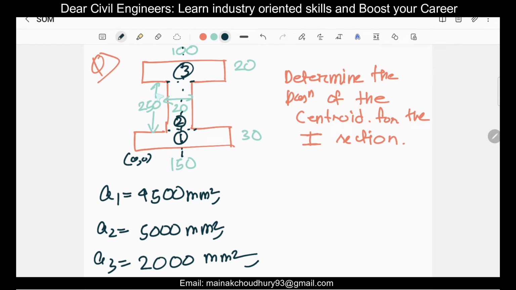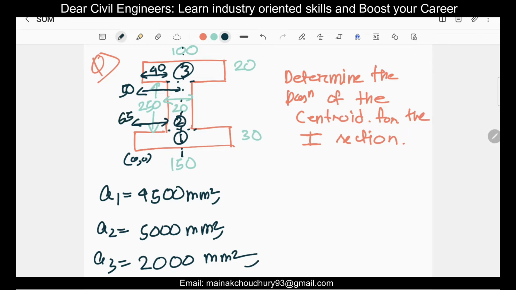If this distance is 50, then this distance will be 50 minus 20 by 2, that is 50 minus 10, so this will be 40. Similarly, this distance will be 150 by 2, that is 75, 75 minus 10, that is 65. So this distance will be 65.